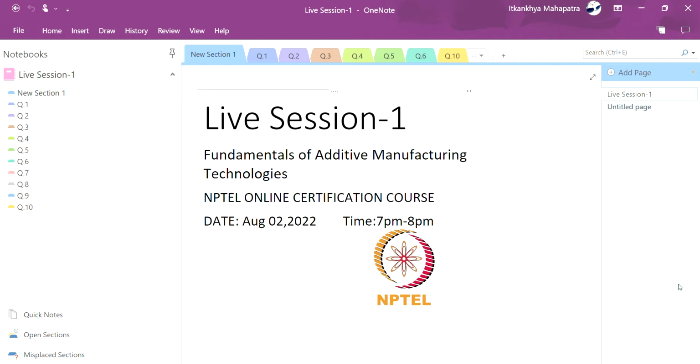In this first week we'll be discussing the introduction of additive manufacturing technology and a brief introduction to CAD models. We'll discuss around 10 questions and the concepts behind them, and after I give the questions, it will be very good if all of you try to solve and answer along with me, so that this will be an interactive session.